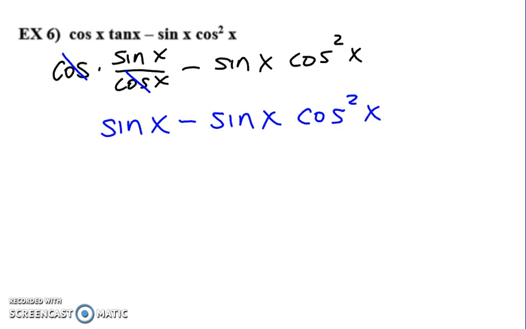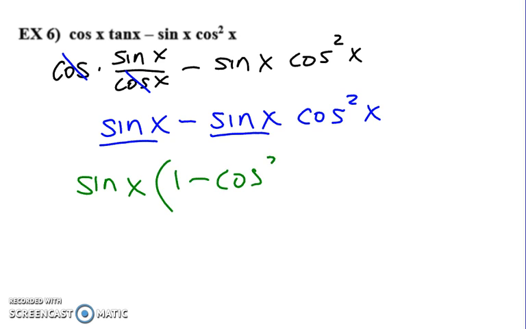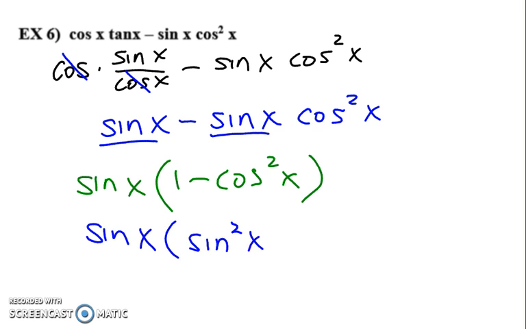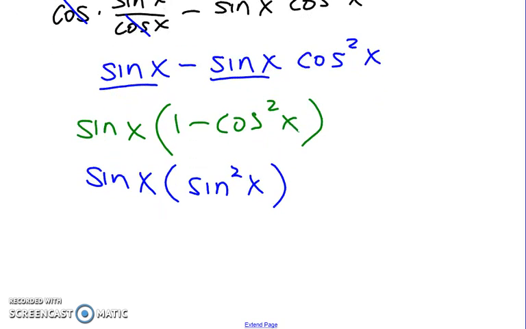So now we can factor out a sine x, which will leave us with 1 minus cosine squared x. What do we know 1 minus cosine squared x is? Sine squared x. So sine x times sine squared x is just going to be sine cubed x.